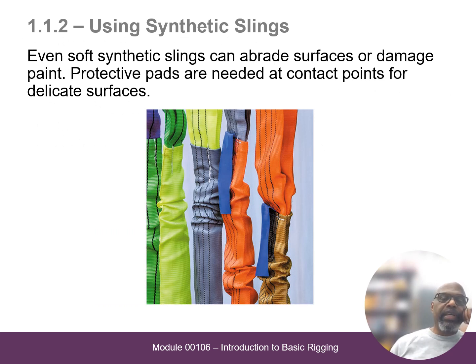These are some of the types of synthetic slings you will see. Basically these are all different types of slings, but you can see the tags here and there, and they were printed on it. So again, if they become damaged, you would end up getting rid of it. But you can see another thing.